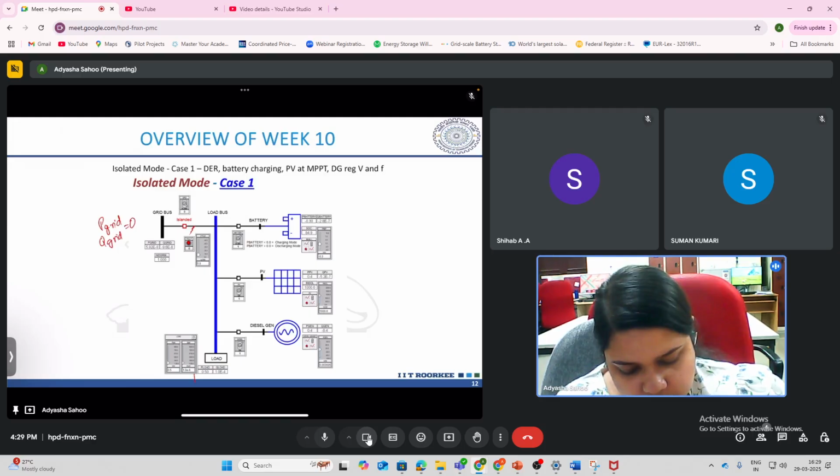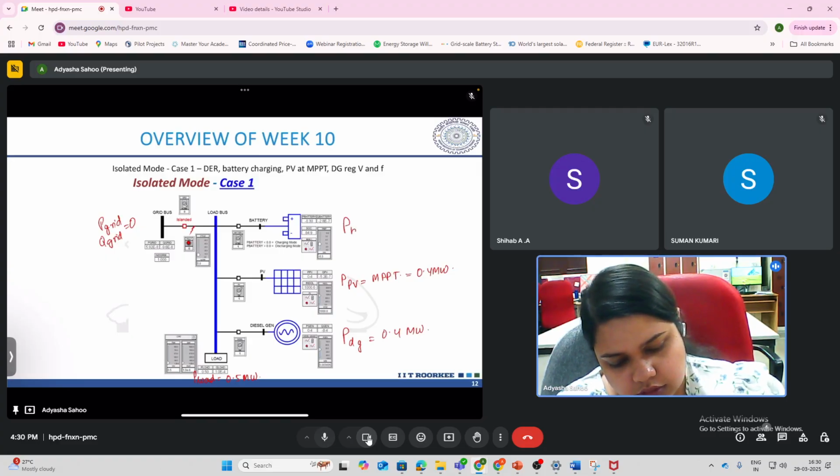Load is 0.5 megawatt here, and PV is in MPPT at a power of 0.4 megawatt. PDG is also 0.4 megawatt.